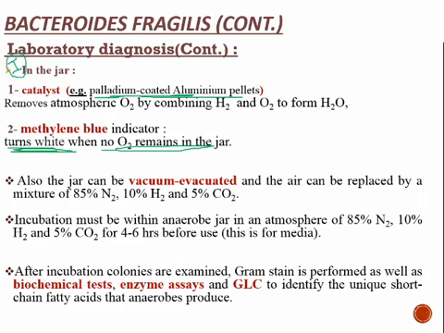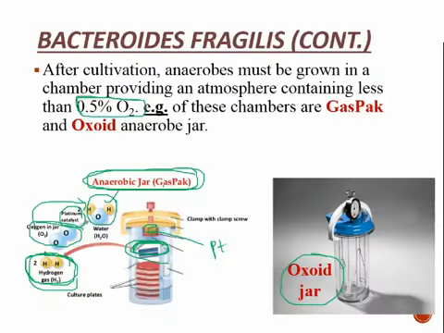The second way is basically I will not use this bag. I will use something called an oxide jar. Okay, as you can see in the oxide jar, there are vents here, one vent for introducing the gas, and one vent on the other side for extracting the gas.